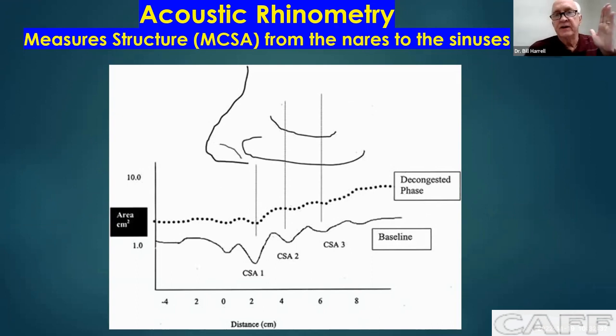In 2015, a standards committee for rhinometry and rhinomanometry met, and basically they declared that any publication before 2015 was obsolete. A lot of the older data on rhinomanometry and acoustic rhinometry was pretty technique sensitive, and a lot of things went on.